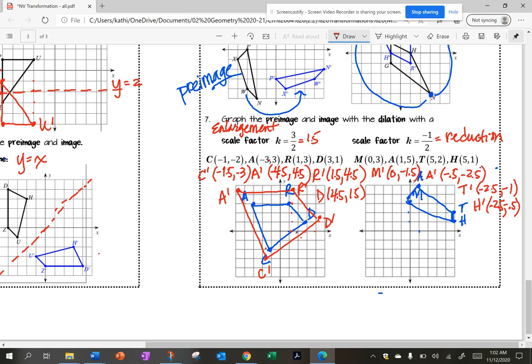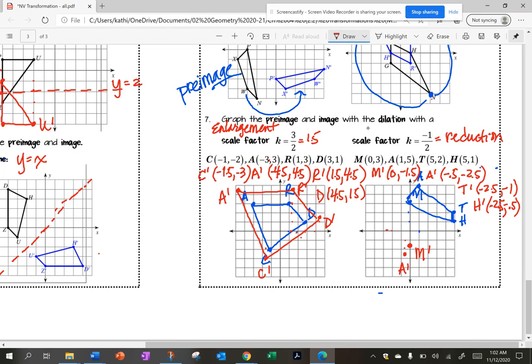Okay, so let's plot our image now. So 0, negative 1.5. M prime. Negative 1/2, negative 2.5. This is A prime. T prime, negative 2.5.